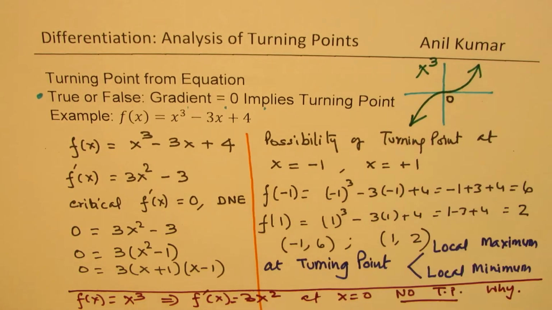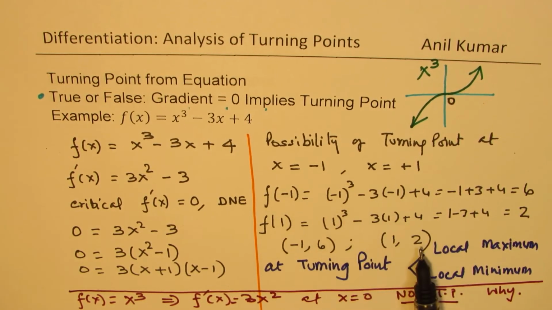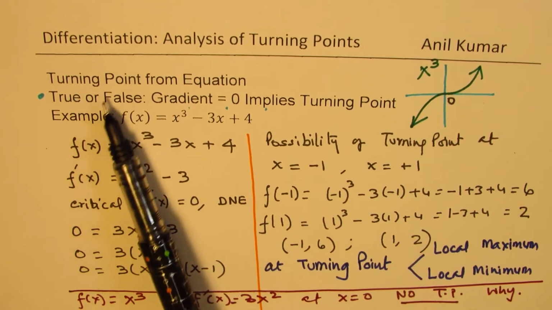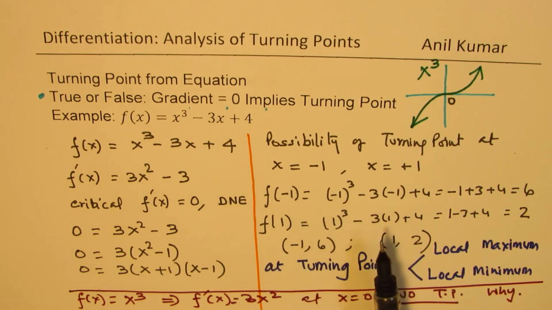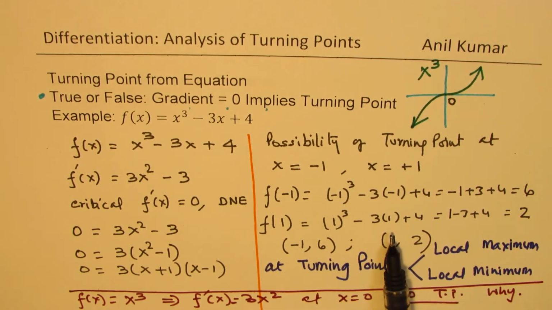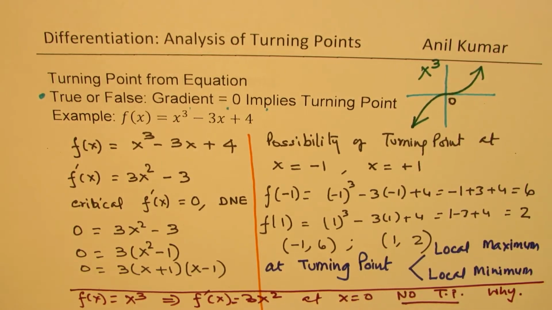It moves as such. So we have to be slightly more careful while concluding after this particular test, gradient equals 0, whether it is a turning point or not. And since we are also looking into local maximum and minimum, we'll move forward and do this conclusion after testing our turning point. Is that clear to you? Right?